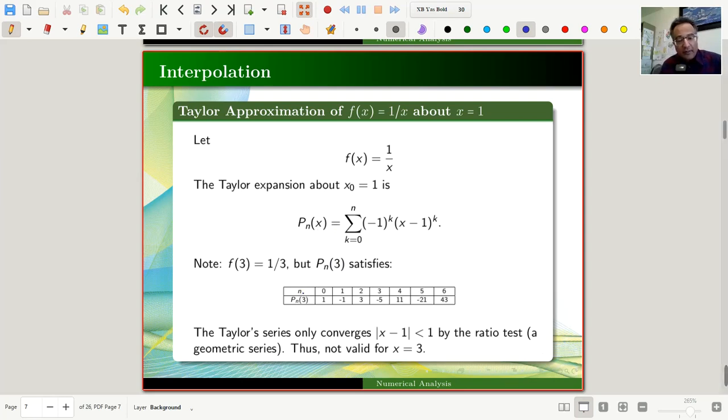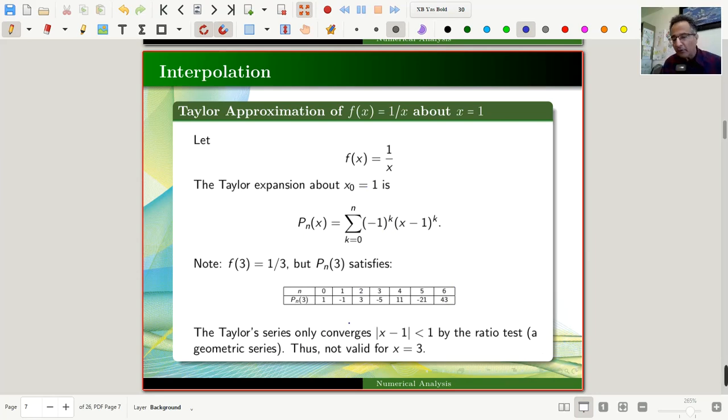detect that for n equal to 0, Pn of 3 is 1. For n equal to 1, Pn of 3 is -1. For n equal to 2, it's 3. For n equal to 3 it is -5, and so on. And you can see that Pn of 3 is not 1/3, and it's very far from 1/3 in fact.